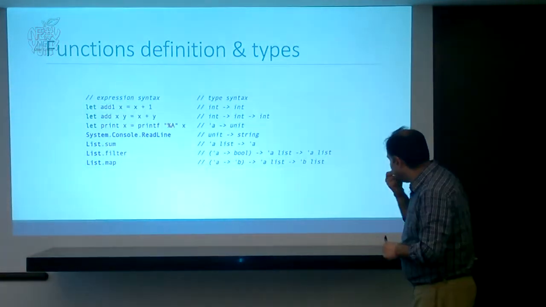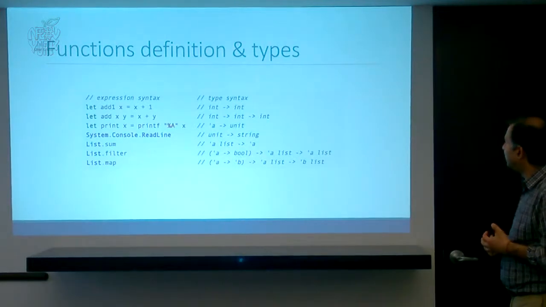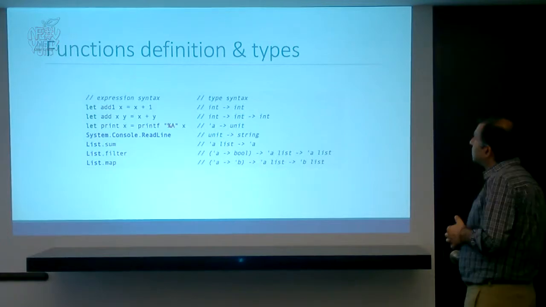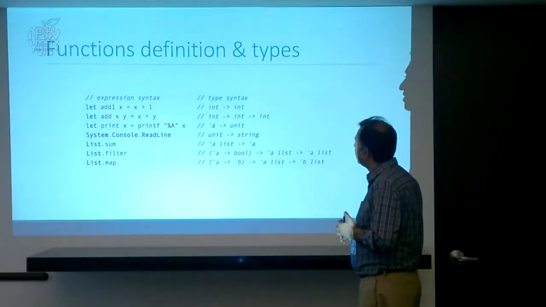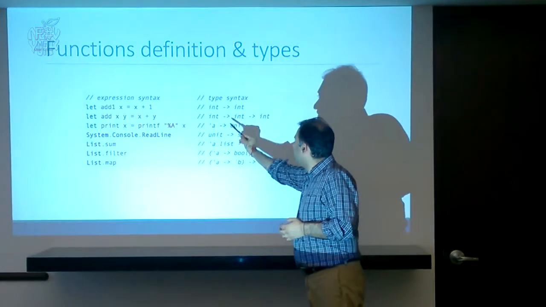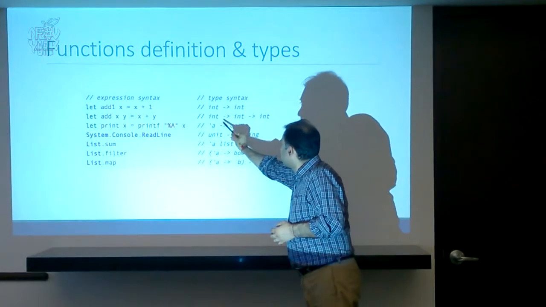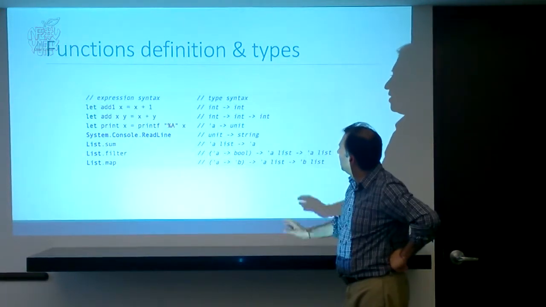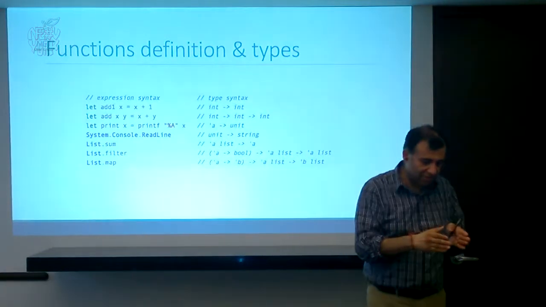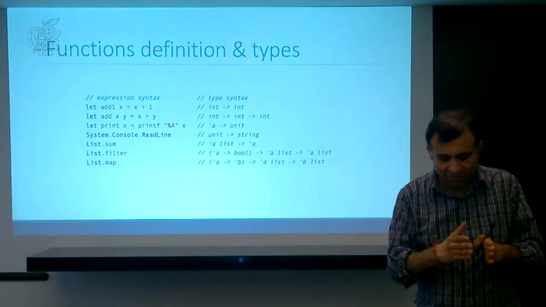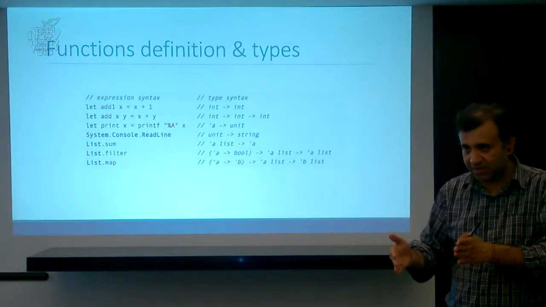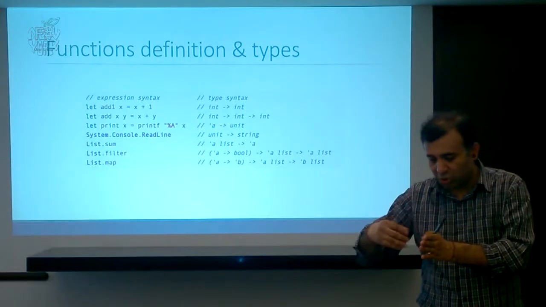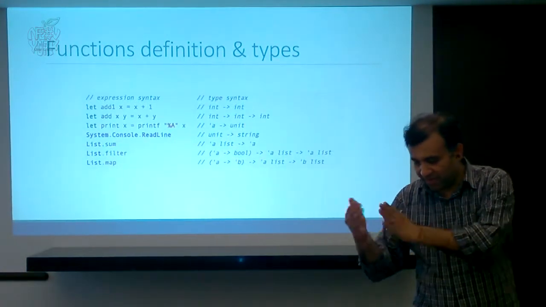Now I'm going into a little bit of complications here, but there's a concept called currying in functional languages. So think of it this way: any function of x, y, z can be thought of as a function that takes one parameter, returning another function that takes y and z, and then the function that takes y and z can be thought of as another function that takes y and another function that takes z.